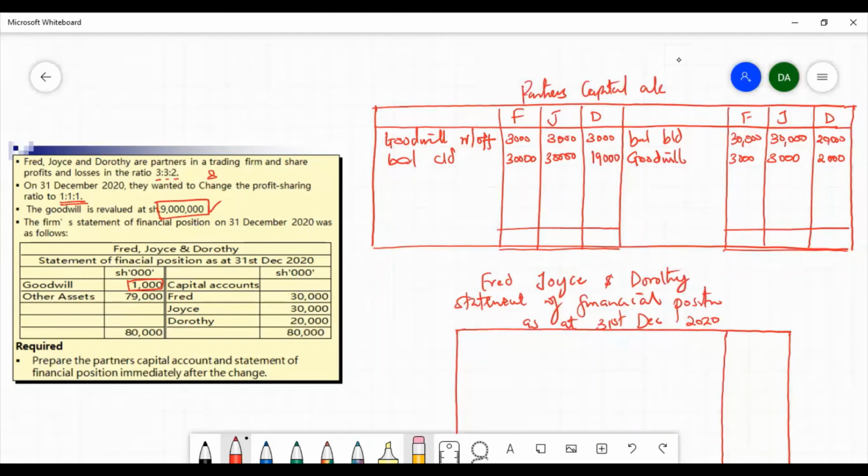After the balance carried down, we get the total for each column: 33 million, 33 million, 22 million, 33 million, 33 million, and 22 million.